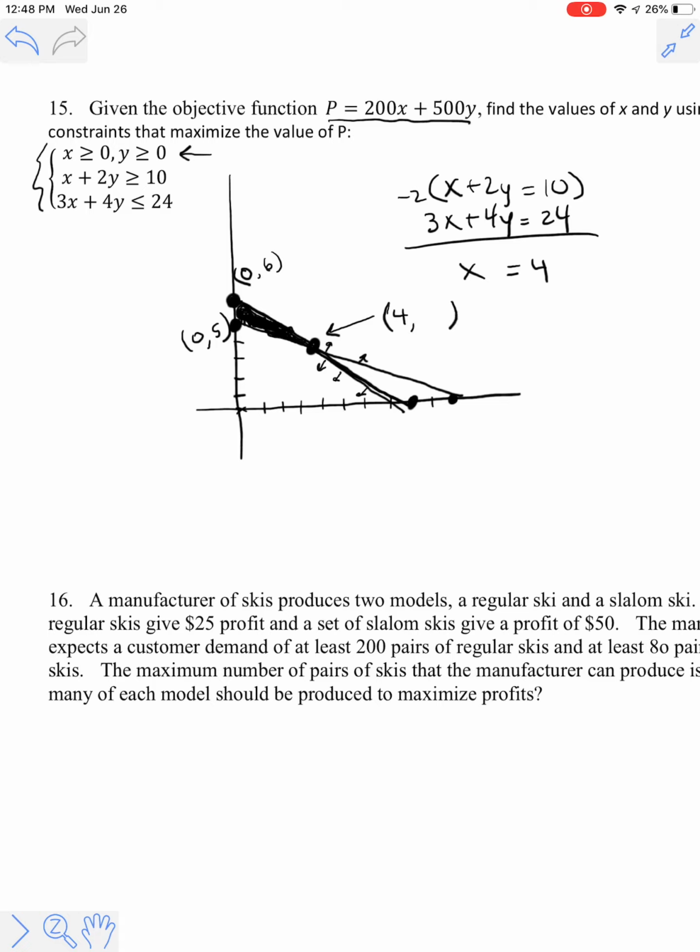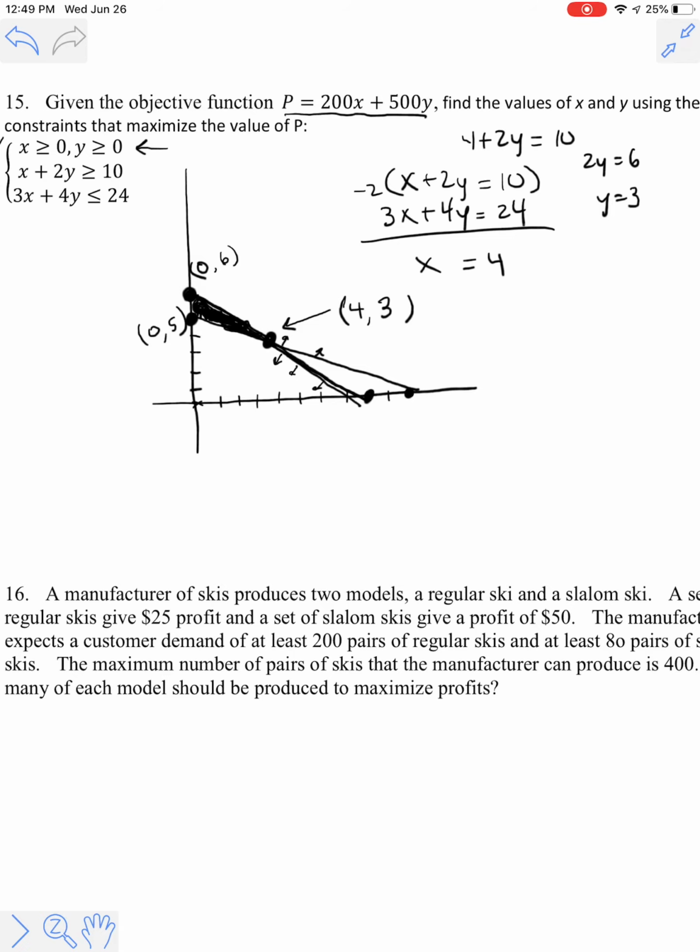So I know the x value there is 4. And if I want to find the y value, I can take this top equation and replace a 4 right there for x, and call that equation 4 plus 2y is equal to 10. So 2y is equal to 6, and y is equal to 3. So that would be the intersection point 4, 3.